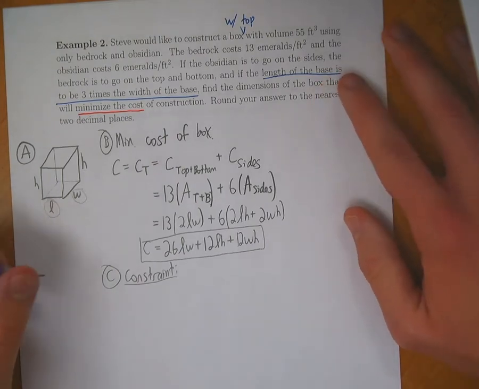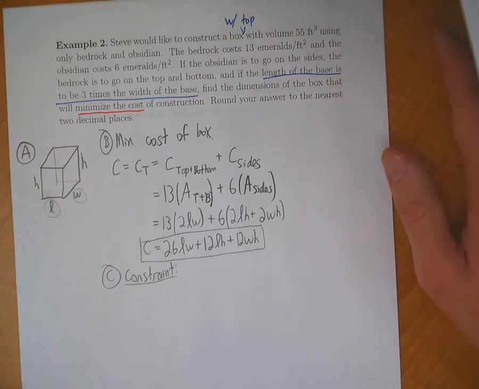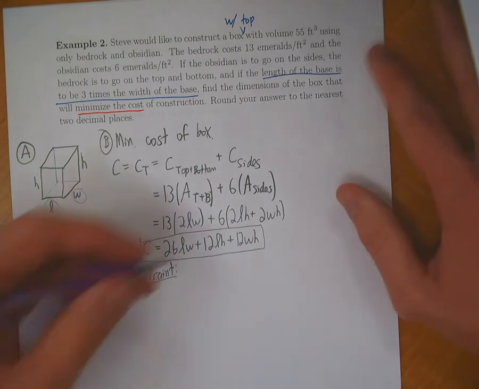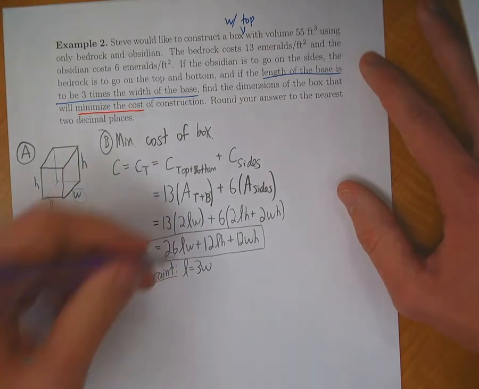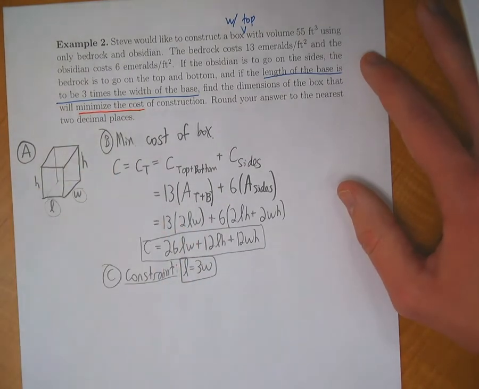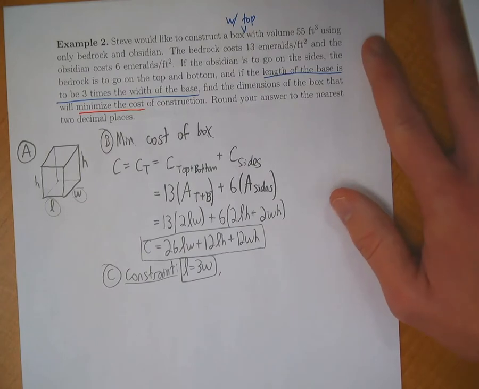So using this part gives us one of our constraints as what? So the length is equal to 3 times the width. I kind of just basically said it. So L equals 3 times W. So that's one constraint.